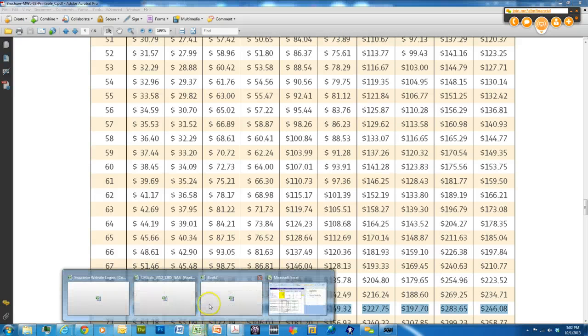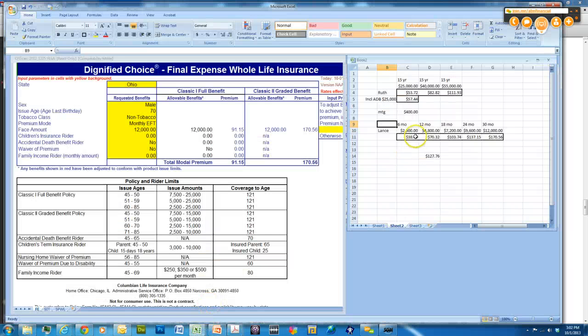So let's take a look at what. See, oh wow, it's cheaper. Oh, but this is the graded benefit. So the Kemper is actually cheaper than the CFG graded. So you can figure out what you want to do.